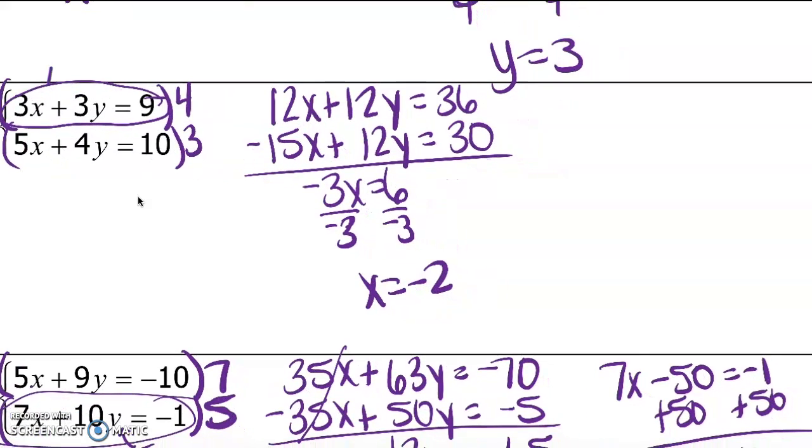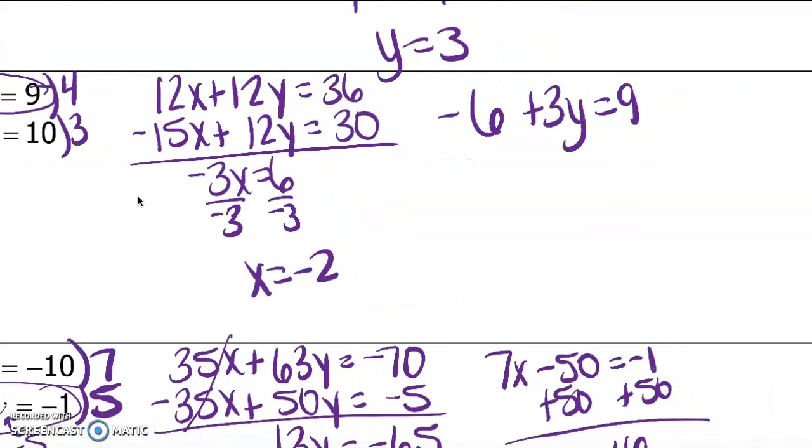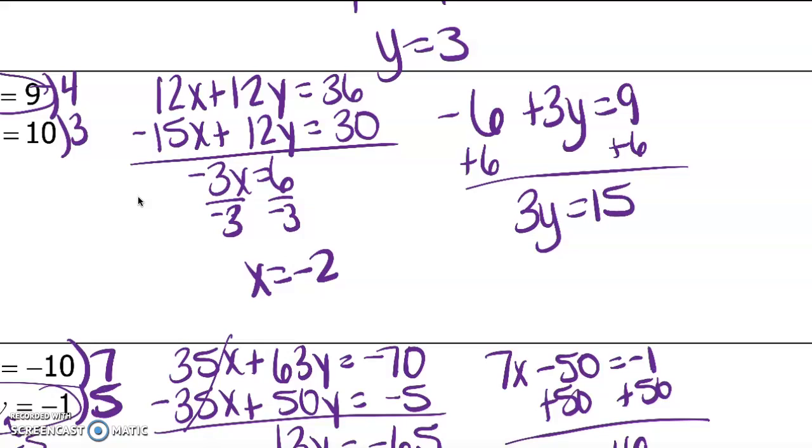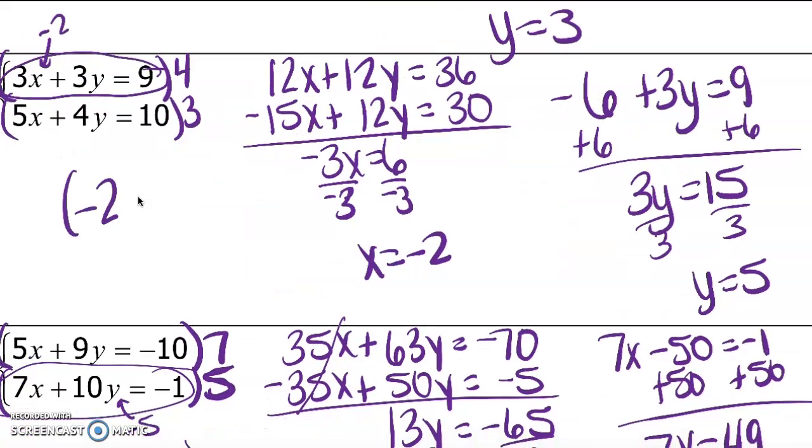So again, 3 times -2 gives me -6 plus 3y is equal to 9. Add 6 to both sides. 3y is equal to 15. Divide, and y equals 5. So -2, 5 is your ordered pair solution.